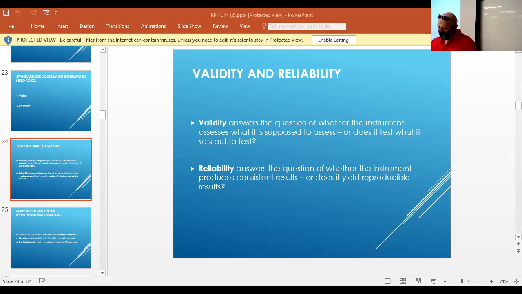Capital, all caps, NOS. Not otherwise specified. Somebody else, all caps, NPO. Nothing by mouth, very good.